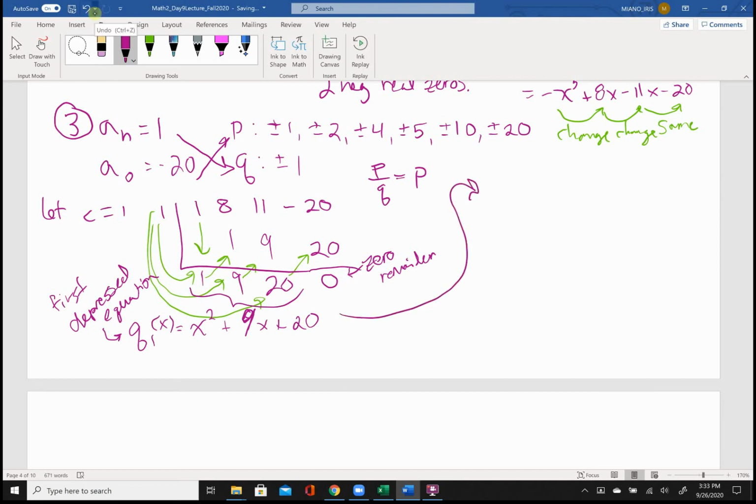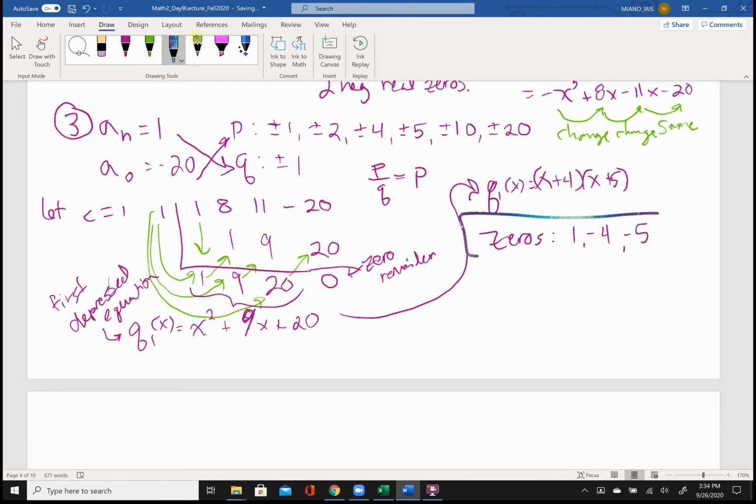I recognize that this is factorable, and it factors as x plus 4 times x plus 5. So the zeros are 1 from this synthetic division endeavor, negative 4 for this little bit right here, and also negative 5. We'll go ahead and circle that.